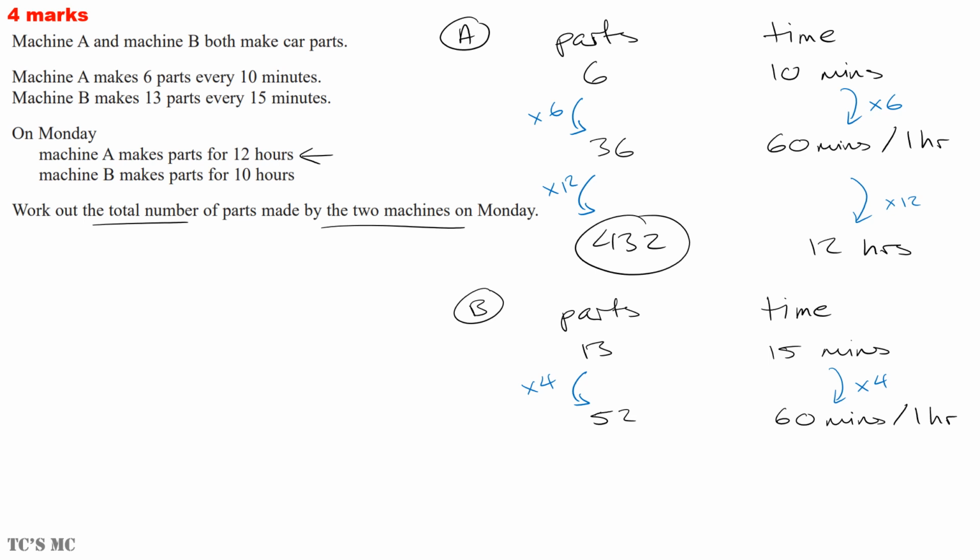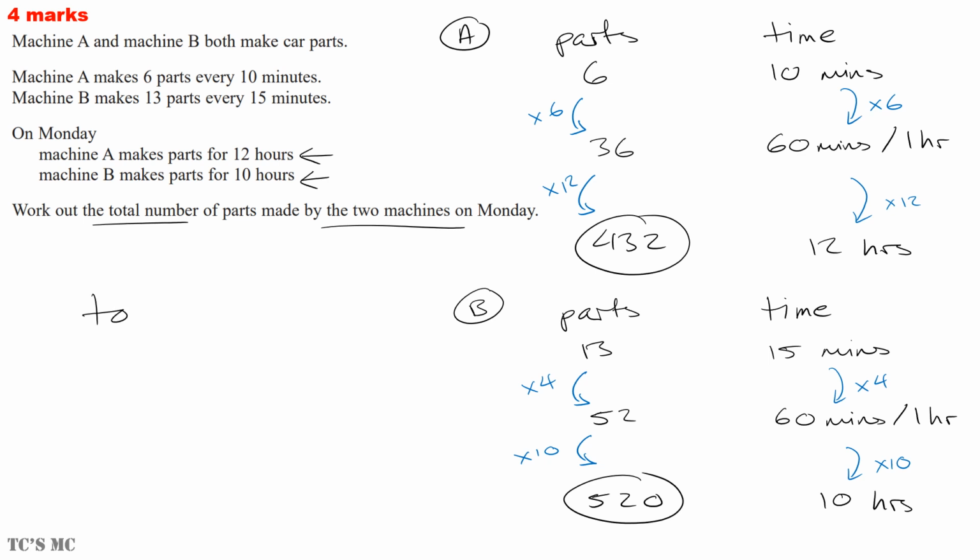So Machine B makes 52 parts every hour, but the question says Machine B makes parts for 10 hours. So we need to work it out for 10 hours. Do 1 multiplied by 10 and do 52 multiplied by 10, and that is 520 parts made by Machine B. Now we have 3 marks.